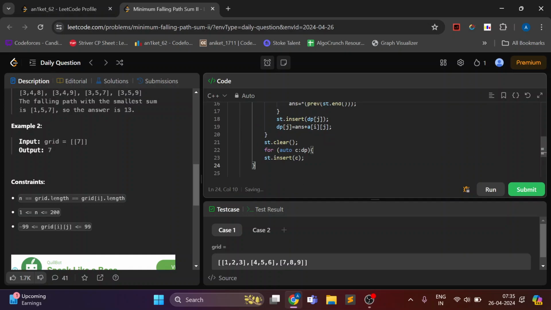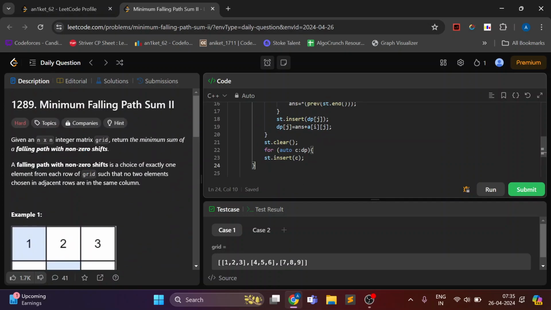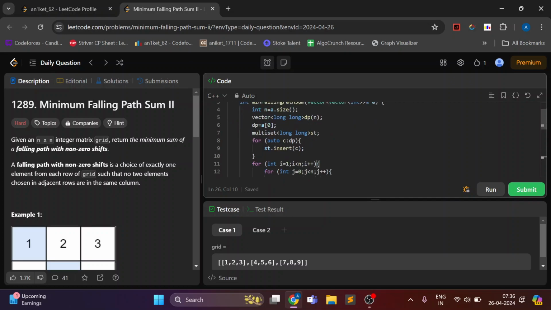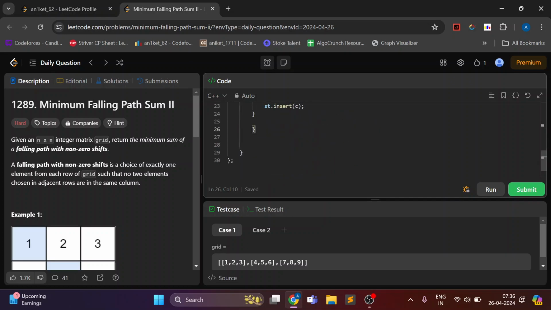So we have to choose exactly one. Okay, not skipping any row is also not possible.